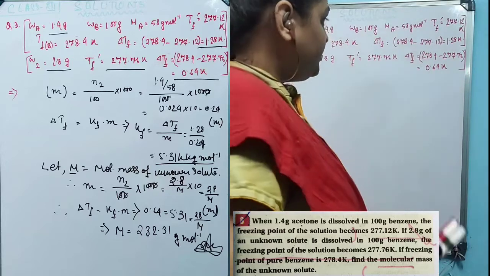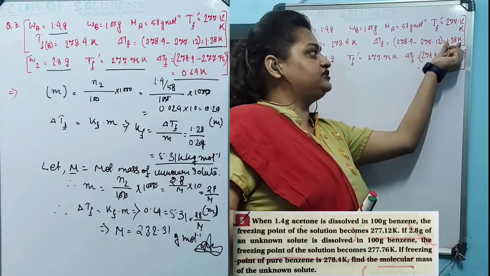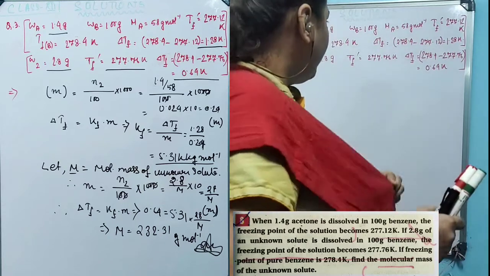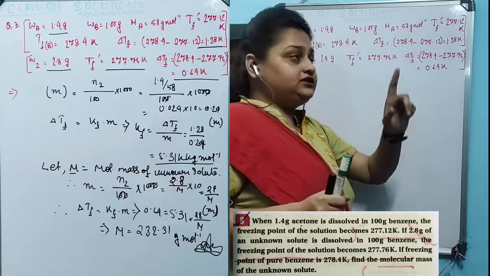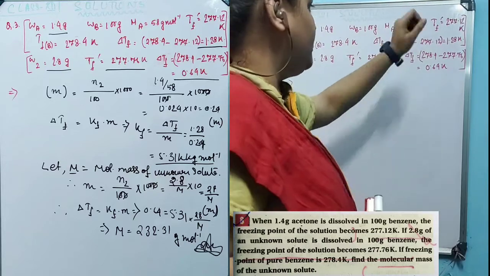So we can very easily find the depression in the freezing point, that is 1.28 Kelvin. We also know that the molecular mass of acetone is 58 gram per mole.